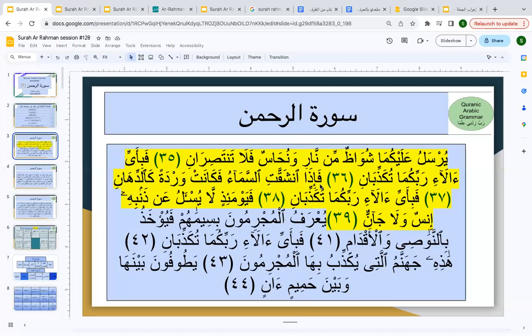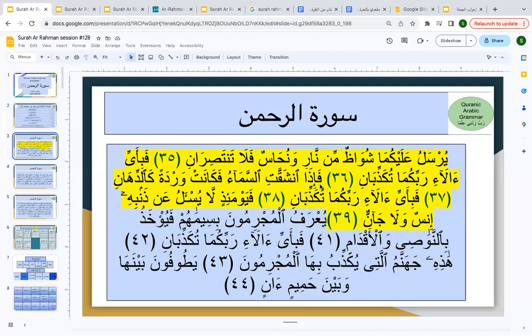The topic that is following fa is about the skies, right? We are learning about not only the sky, but a day where something will happen to the sky. Yes? We are now learning about a new day, right? So this fa, can we all label it fa isti'nafiya?